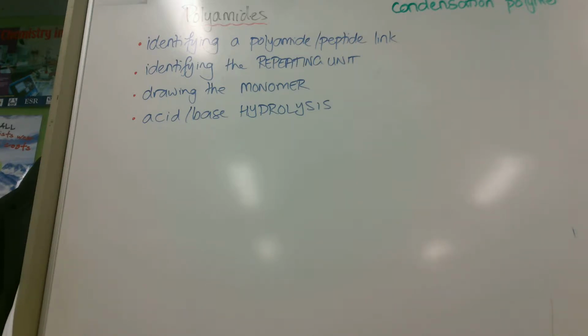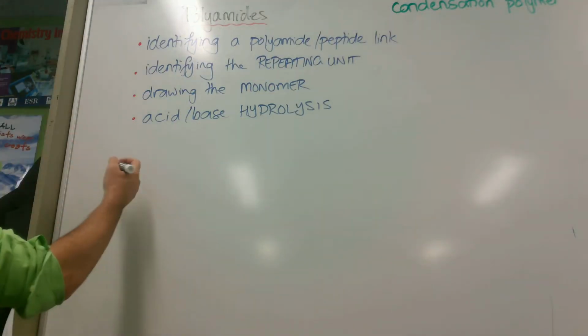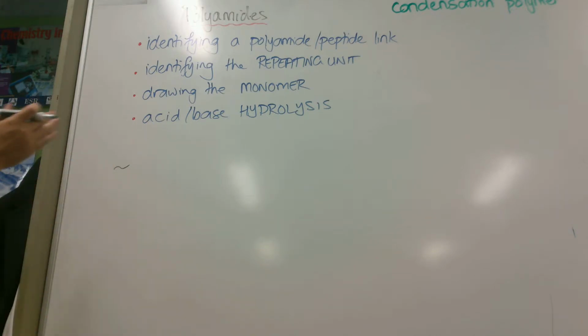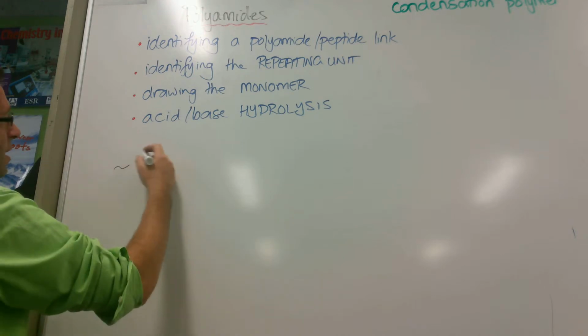So I'm going to just make up a polymer, and we're going to try and find the thing in it that tells us that it's a polyamide. And what you'll often see is a squiggly line at one end, which is implying that it carries on this way for many, many units. Okay.